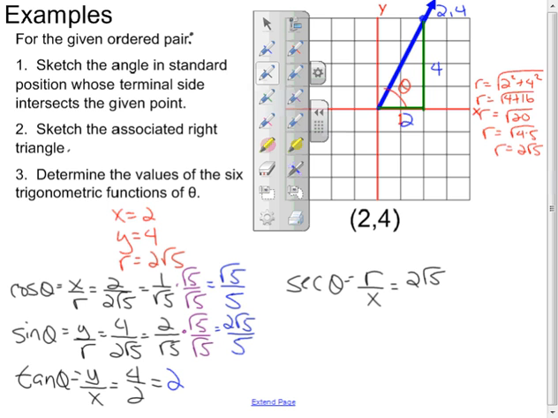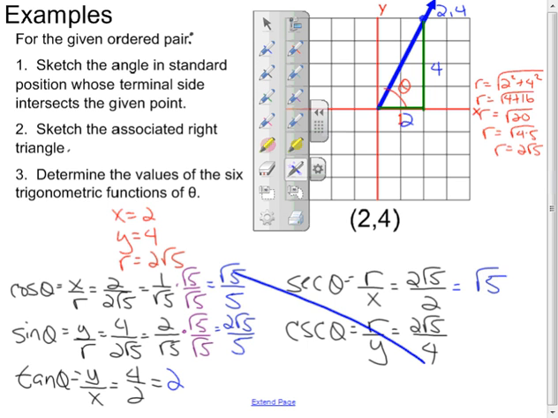So I've got 2 root 5 over x, which is 2, which can be simplified into just root 5. And then I've got the cosecant of theta, which is the reciprocal of sine, so it's r over y, which in fact is equal to 2 root 5 over 4.